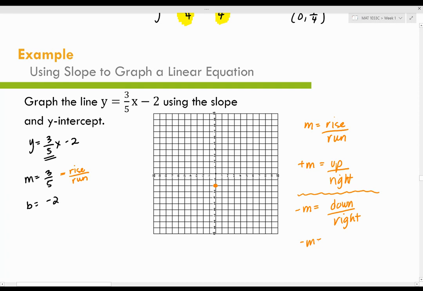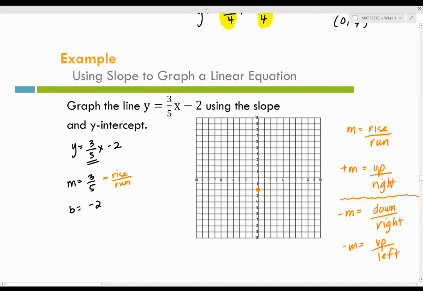Or you could apply the negative to the run, which means you could go up, but then go left. Anytime your slope is positive, you're always going to go up and to the right, however many places your slope is. But if your slope is negative, choose one of these options and always use that option for negative slope so that you don't confuse yourself. Okay, so just a little heads up.